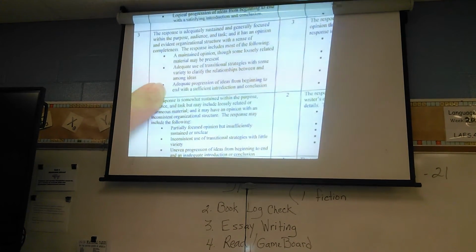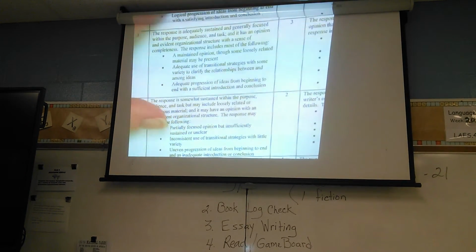Adequate progression of ideas from beginning to end with a sufficient introduction and conclusion. So we go from satisfying and fully sustained to adequate and sufficient.